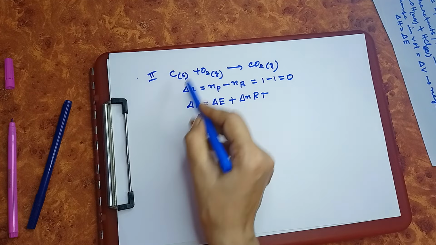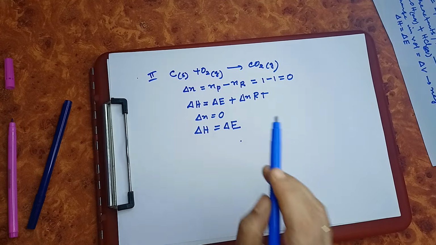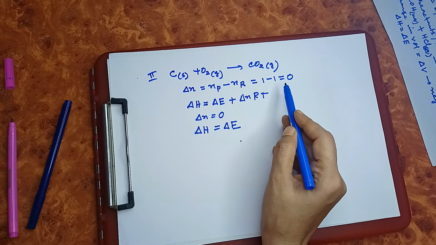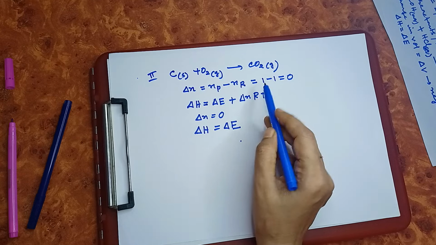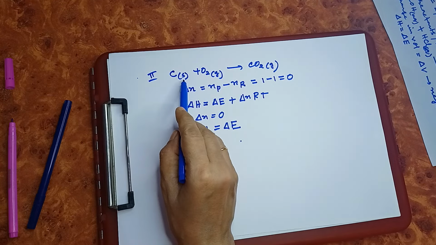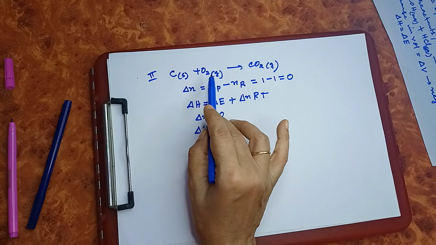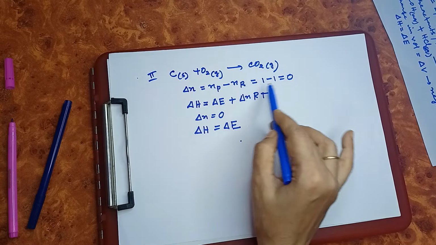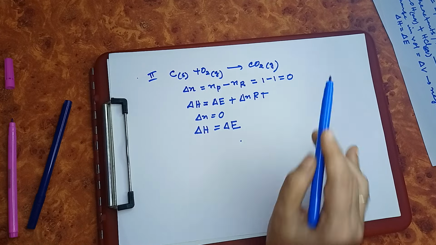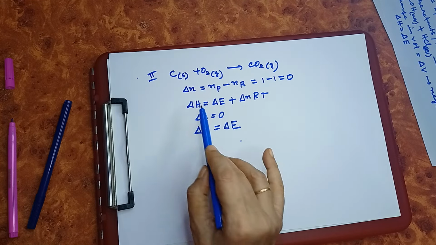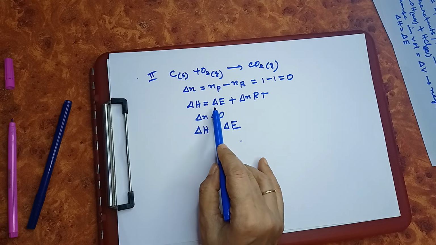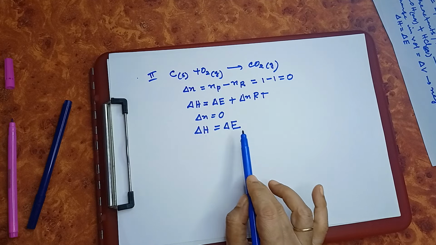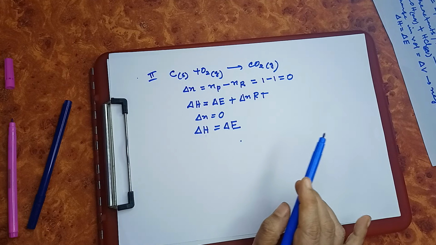And if the change in the number of moles is 0, as in the carbon case where carbon is solid and we consider only the gaseous reactants, then delta N is 0, so the heat of the reaction at constant pressure is equal to that at constant volume.